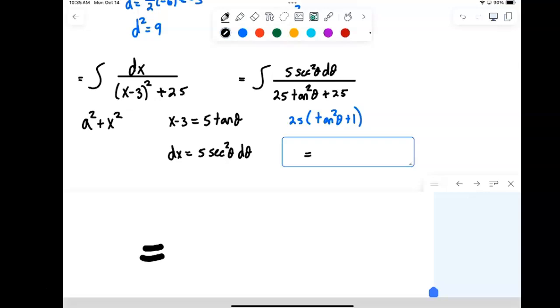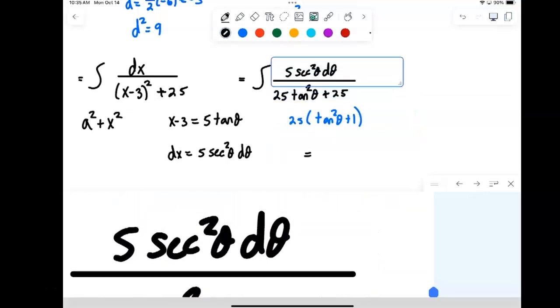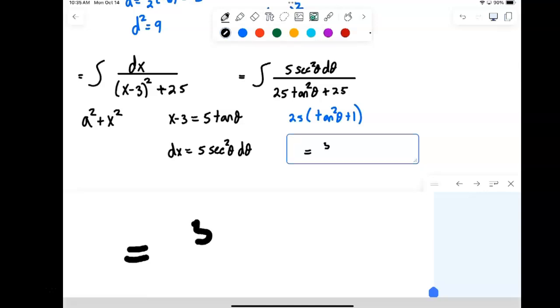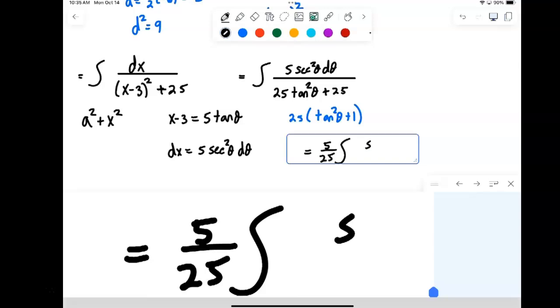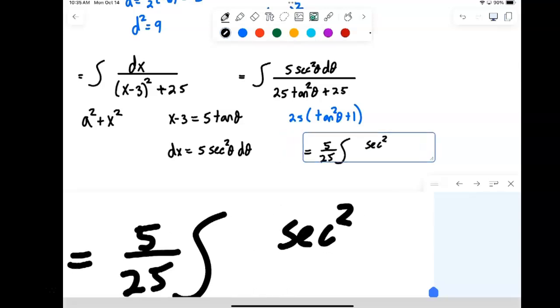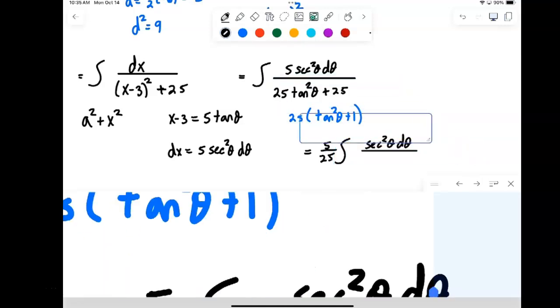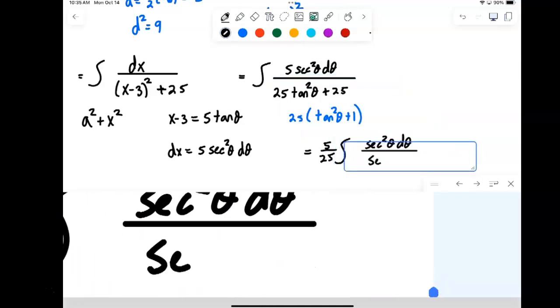So carrying our substitution through, we'll do a little bit of housekeeping here. Since the 25's out and the 5's out from top, I can have that stuff factored out front. And I'm going to have secant squared theta d theta over secant squared theta.